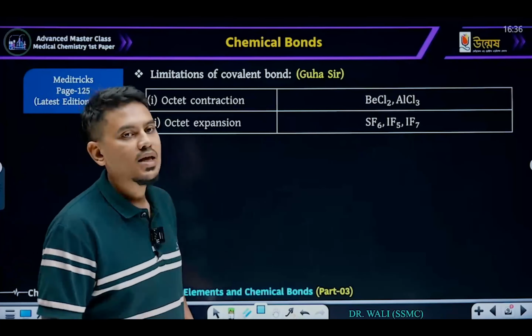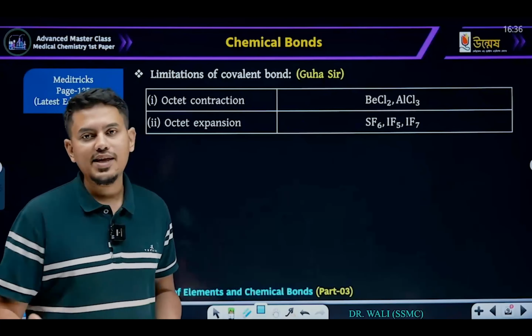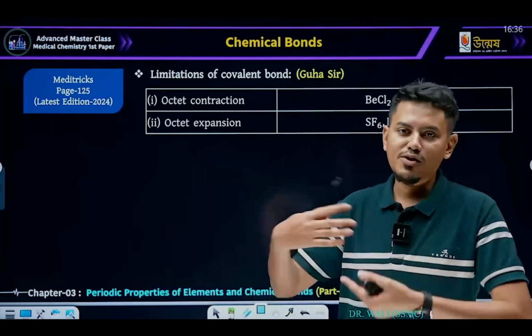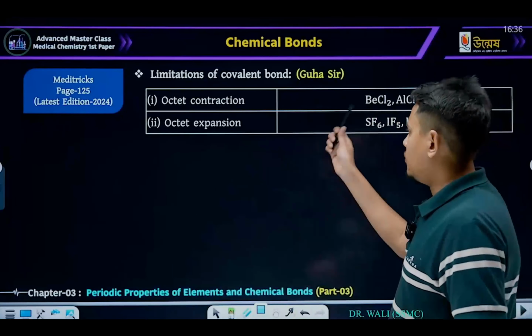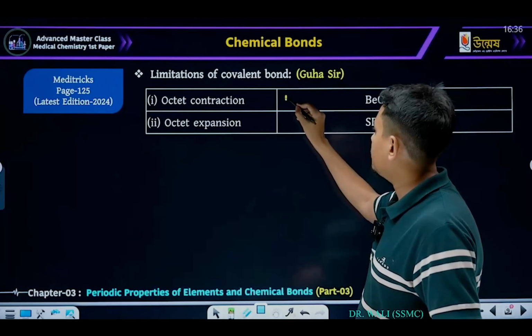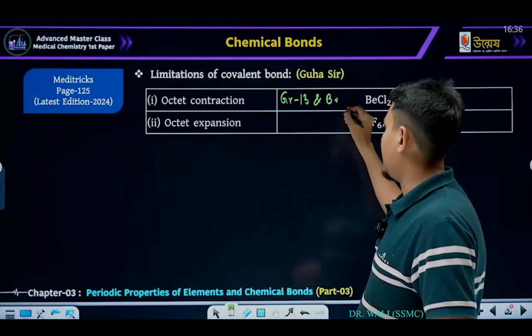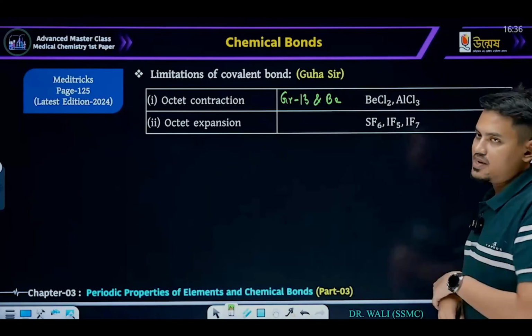Now, some limitations of covalent bond. Limitations regarding covalent bond means in covalent compounds, there is a scope of not completing the outermost shell, or going beyond it. It is labeled as octet contraction and octet expansion. Octet contraction usually occurs in group 13 element related compounds like boron and aluminium, and also beryllium related compounds.